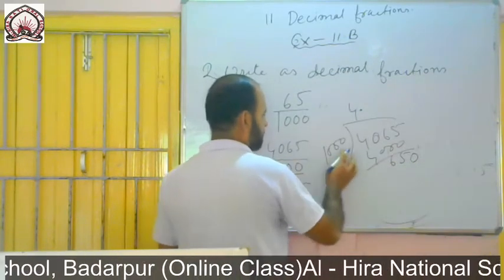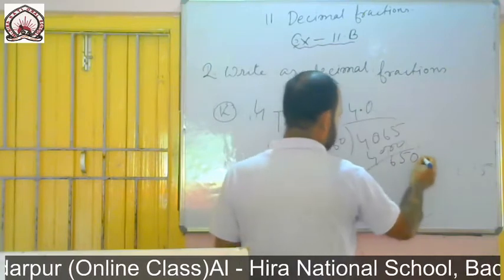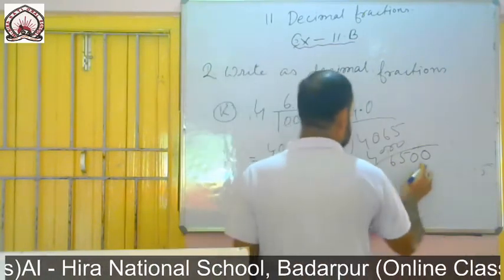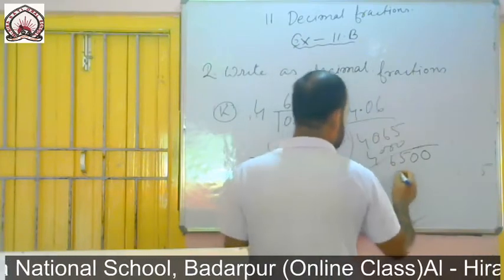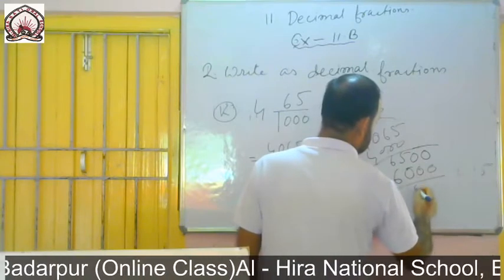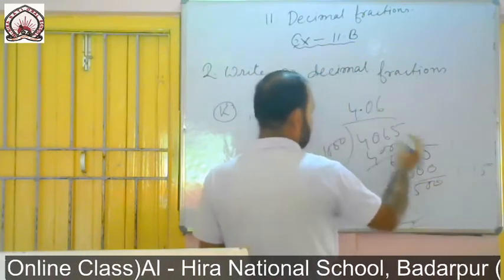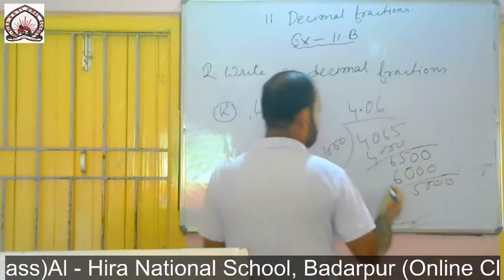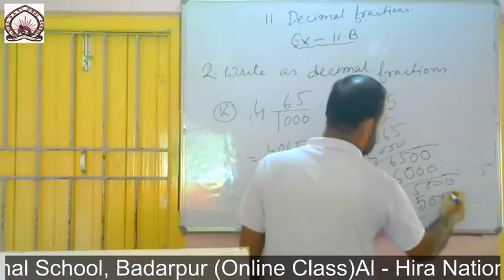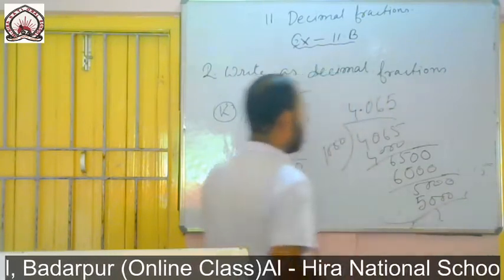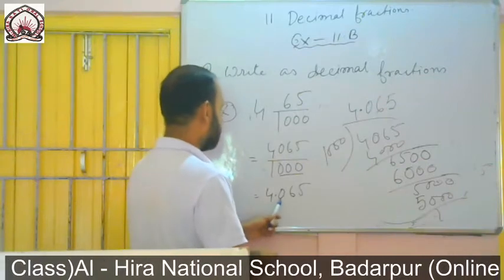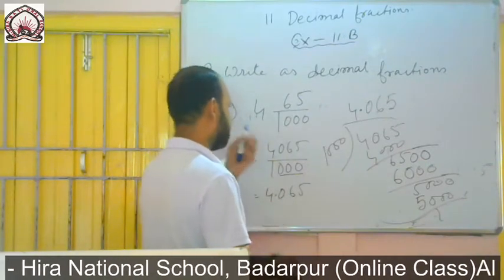Again not possible, so we add another 0, then it is 6500. 6 times 1000 is 6000, remainder 500. Add a 0, then it is 5000. 5 times 1000 is 5000. The answer is 4.065.